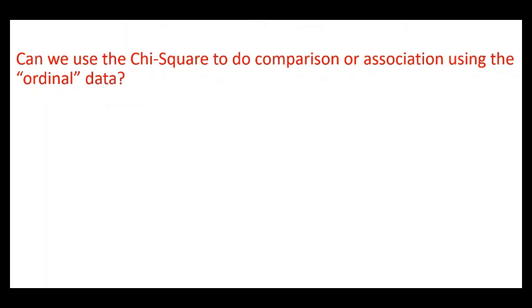But the nominal data is for sure for qualitative analysis, and scale data is for sure for quantitative analysis. For ordinal data it depends. If there are too many orders, then we may consider it quantitative. If it is 3, 4, or 5, we can use qualitative analysis, using chi-square to do comparison and the correlation or association.